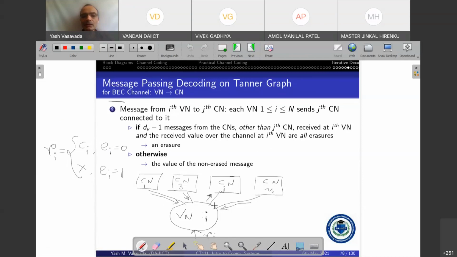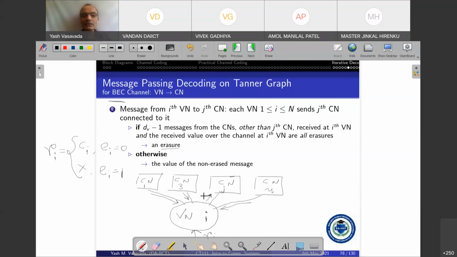Now, what this if statement is saying is that if all of them are erased, so this CN says, I think you are erased, the CN3 also tells VN I that to me also you are erased, and the CNU also tells VN I that I also believe that you are erased, and even the channel is saying that VN I, you are erased, in that case VN I will tell CN J that I am erased.